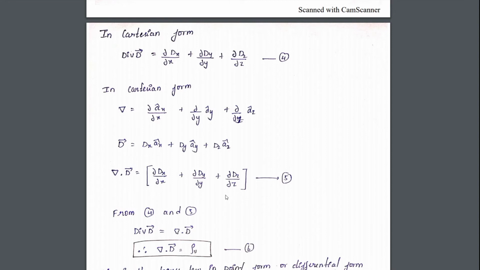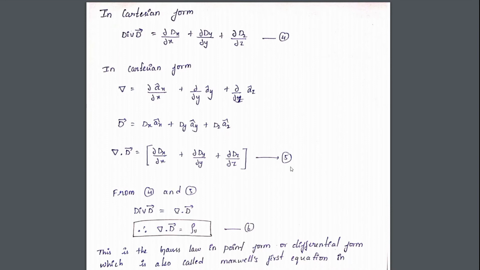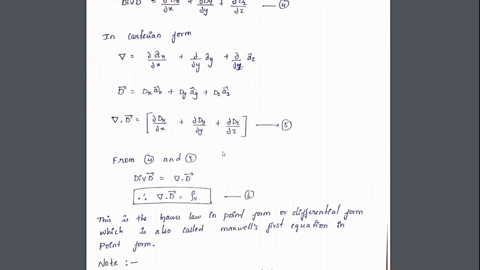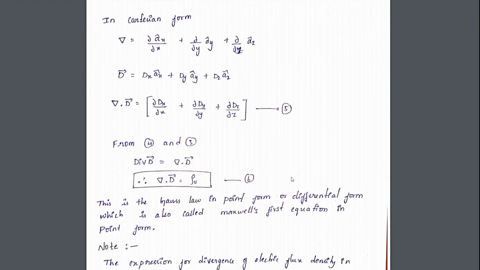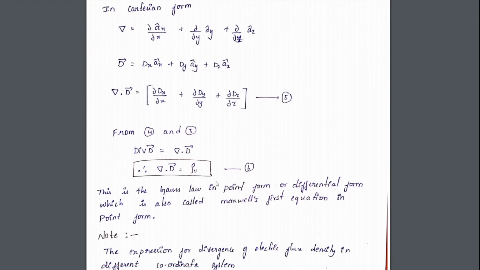So expand both of them, and you'll arrive at this fifth equation. So del dot D is nothing but what? If you compare 4 and 5, it is divergence D. So from equations 4 and 5, we can conclude divergence D is also equal to del dot D. After arriving at divergence D as del dot D, you substitute back in equation 3.